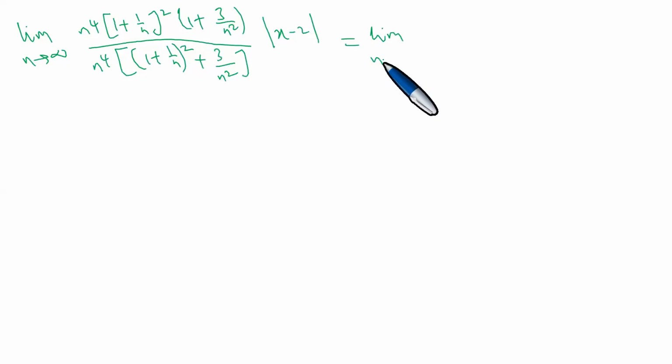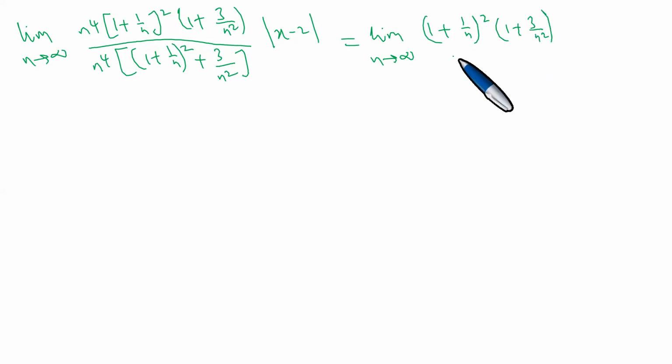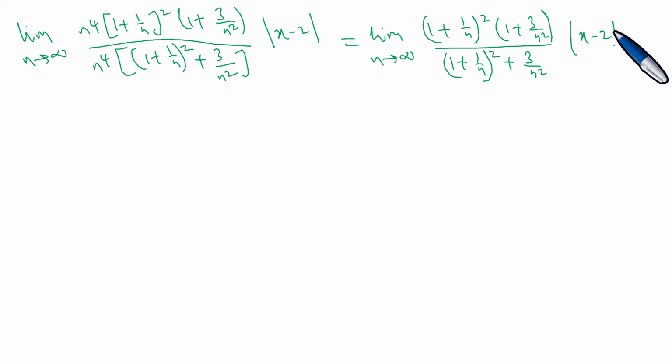leaving us the limit as n approaches infinity of 1 plus 1 over n squared into 1 plus 3 over n squared, divided by 1 plus 1 over n, plus 3 over n squared, into the absolute value of x minus 2.